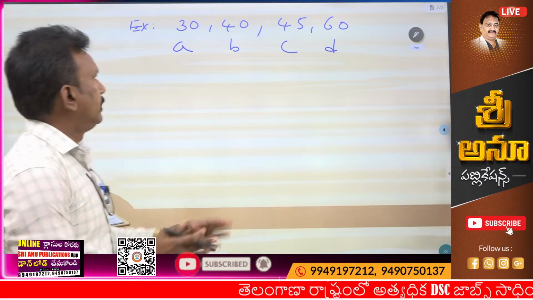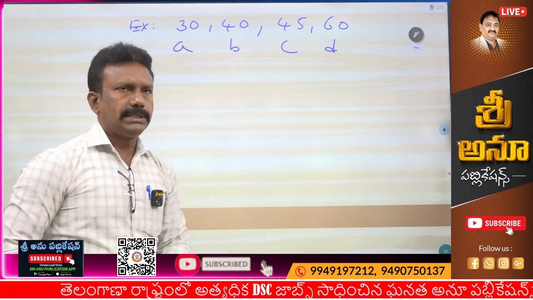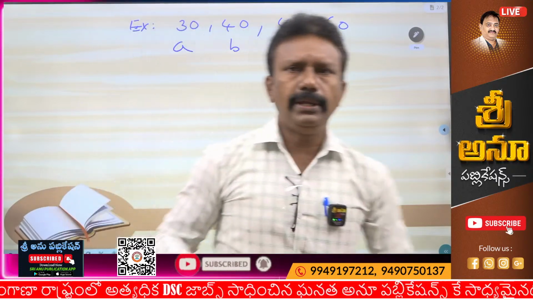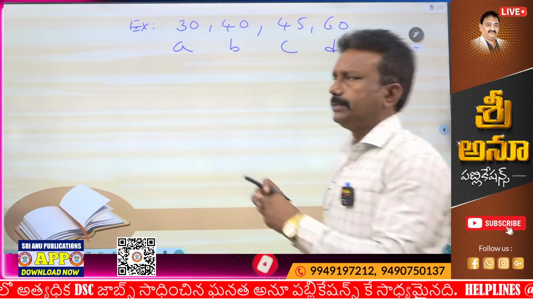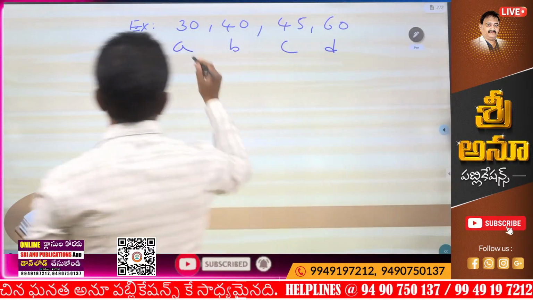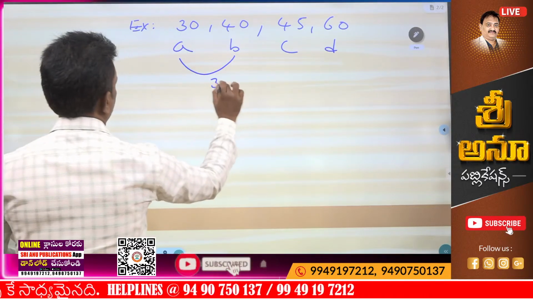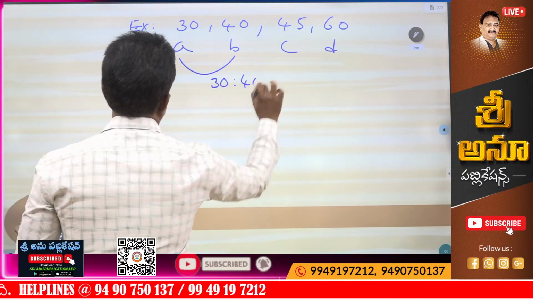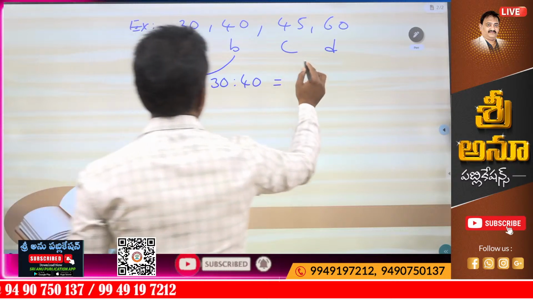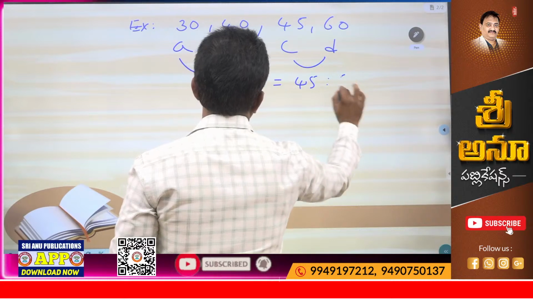Do they make a proportion? Yes, the numbers are in proportion. Write the ratio between the first two: 30 is to 40. And the ratio between the last two: 45 is to 60.